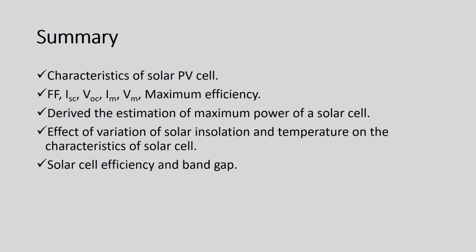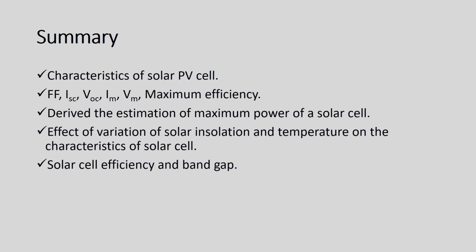So, what we can summarize in this talk: we have understood the performance characteristics of a solar cell, and also we have studied how the fill factor, I_SC, V_OC, I_m V_m and maximum efficiency can be calculated. And what is I_SC, what is V_OC, and how I_SC and V_OC are sensitive to solar insolation and size of the cells, that also we have discussed, and we have derived to estimate the maximum power of a solar cell.